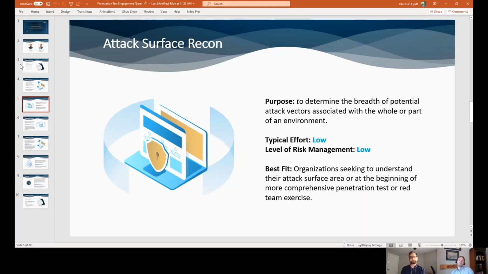Cool. So attack surface recon, just broad summary, you're gathering intelligence on an organization, you're validating the scope of their assets. Is it 10 servers, is it 100 servers, and really trying to educate the end user on what their universe is so that hopefully they can come back and protect those assets from a security perspective. I know you said typical effort is low, level of risk management is low because it's more information gathering.